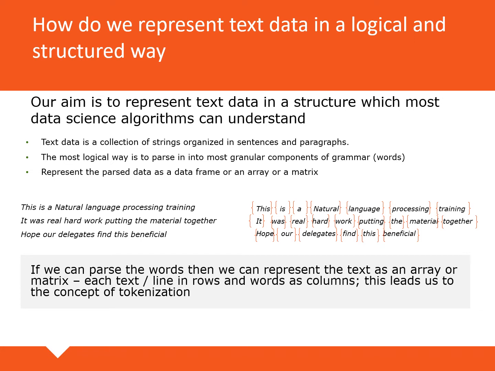So of the fundamental meaningful components of text data, the most granular part perhaps would be the word. If we go a notch higher, it can be phrases, and if we go even a notch higher, then it can be sentences. So sticking to the most granular decomposition of text, let's assume that for the time being, the most granular yet meaningful decomposition of text is words.